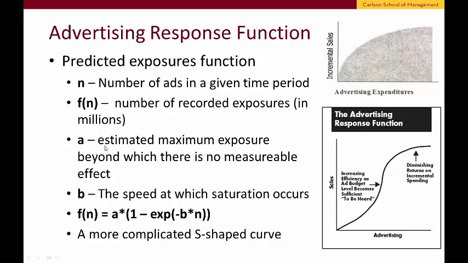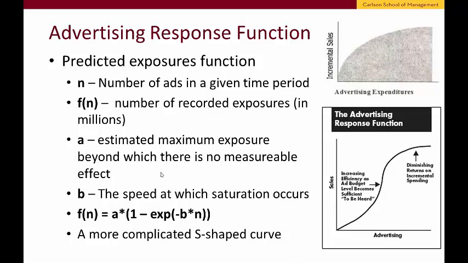Okay, a is the estimated maximum exposure on which there's no measurable effect of throwing more advertising dollars. The b right here is the speed at which the saturation occurs. So it's sort of similar to that power curve where the b measured how fast the demand decreases as the price increases. Okay, and then that's it.